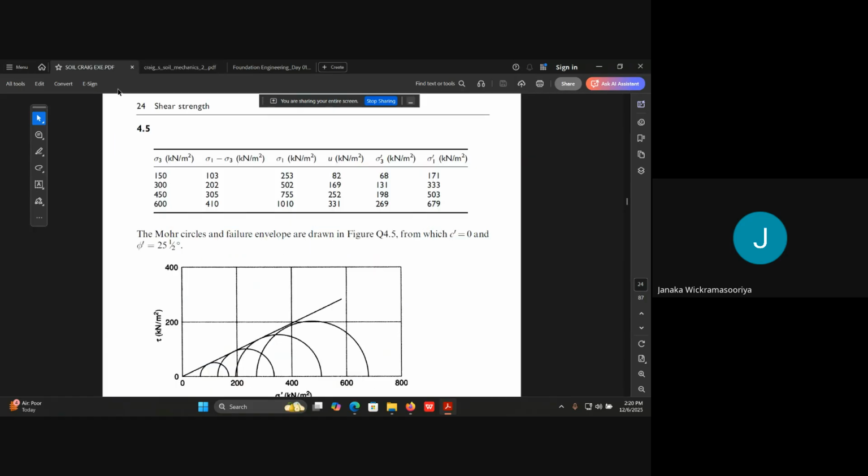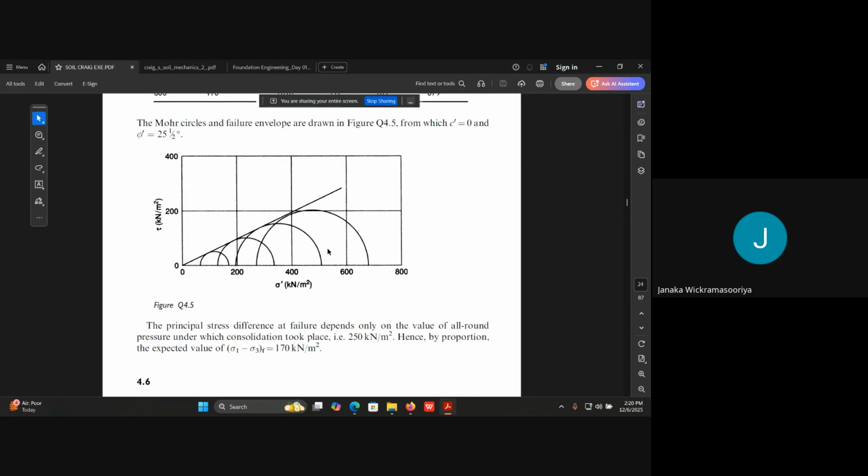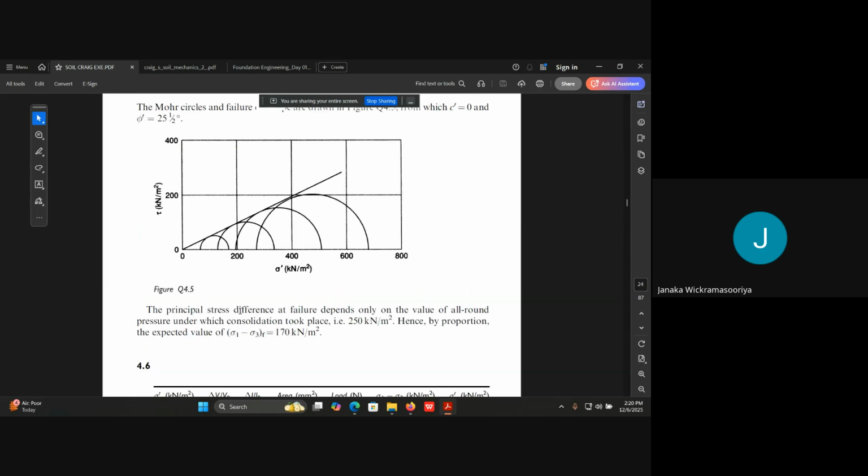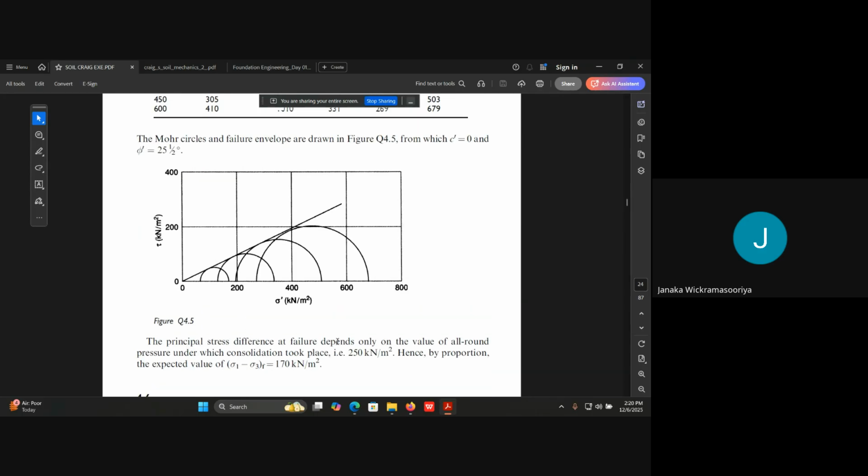Right, that is interesting. And so the principal stress difference at failure depends only on the value of the all-round pressure. So that is 250, and by proportion the expected value is, sorry, 170. So this is 250, somewhere around this one.